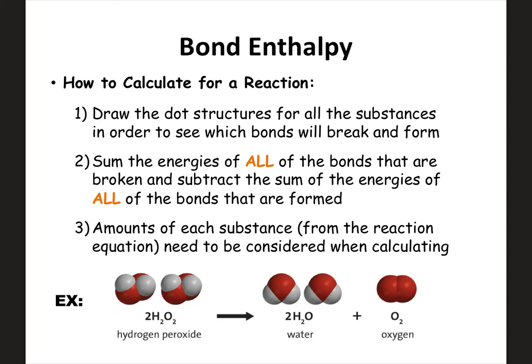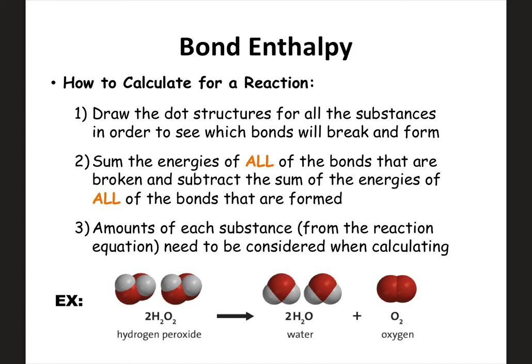Then you figure out all the bonds that are broken, you add up all of the broken, figure out the bonds that are going to be formed, you total up all of the formed, and then you subtract broken minus formed. But the key here is you can't miss this last step. The amounts of each substance from your actual equation need to be considered here, and you need to pay attention to them.